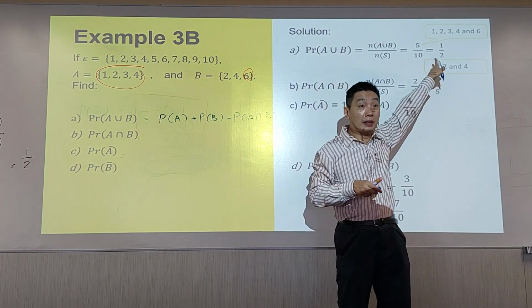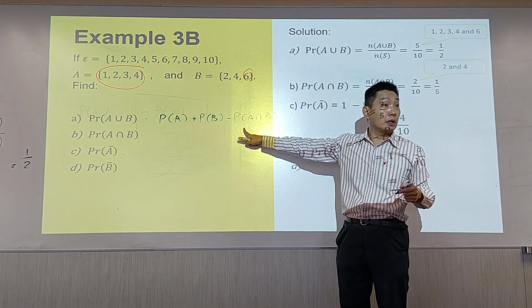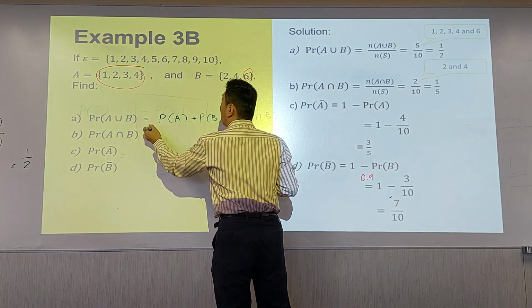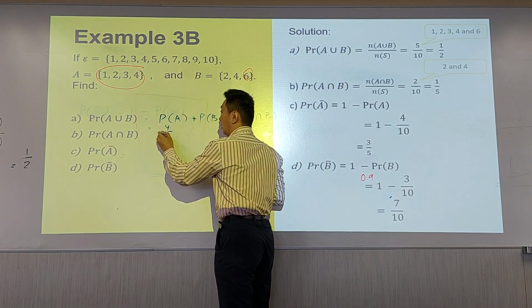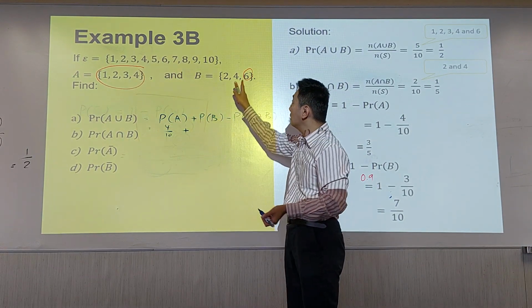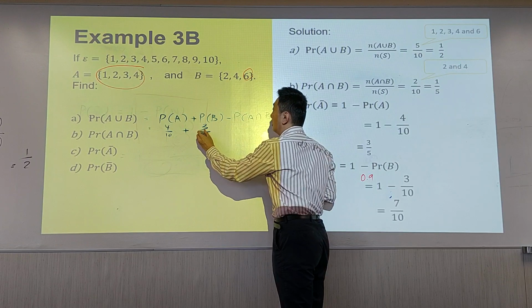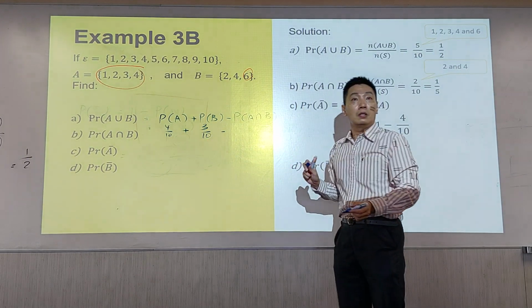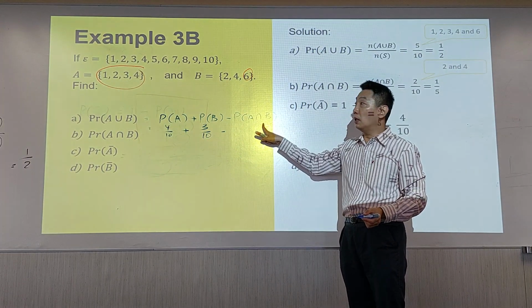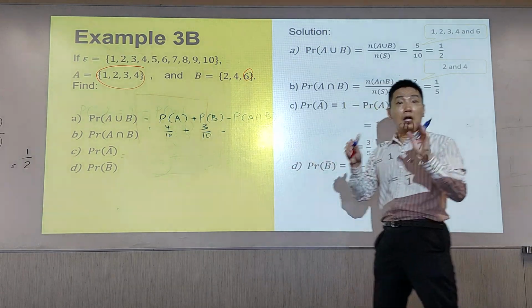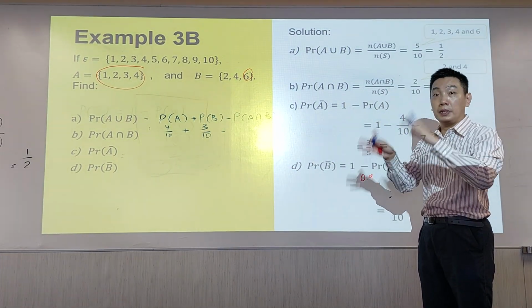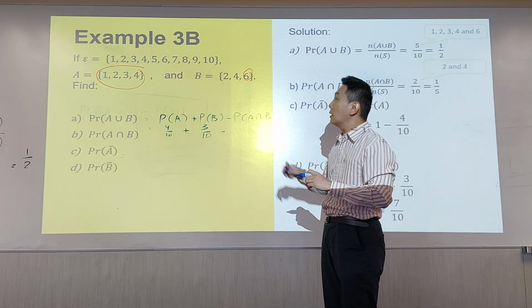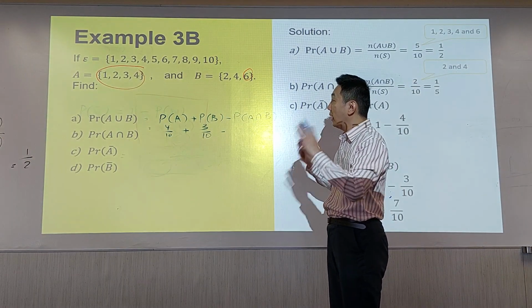If you don't want to use the other method, you can apply this formula we learned this morning. Probability A is equal to 4/10. Probability B is 3/10. Minus A intersect B. A intersect B means the elements that must happen in both A and B.